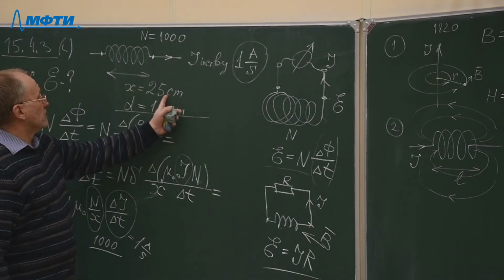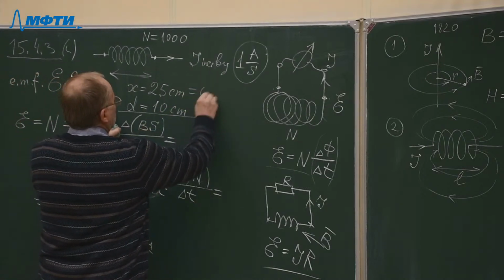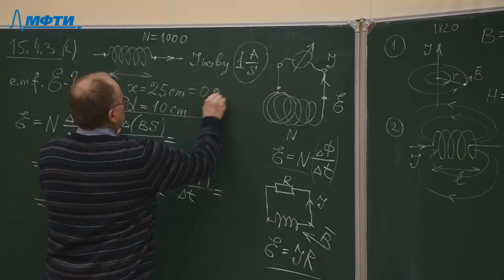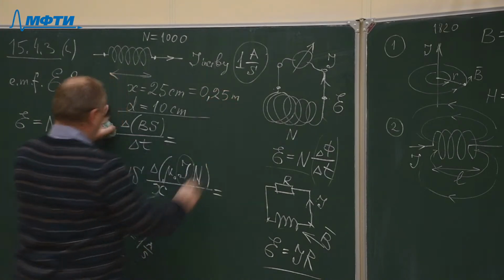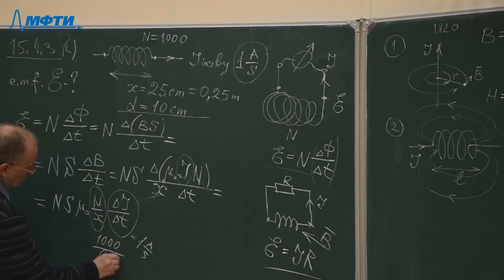Centimeter is not a unit of the international system, so we must take it as 0.25 meters. So divided by 0.25. And mu 0 is 4 pi times 10 to the minus 7th power.